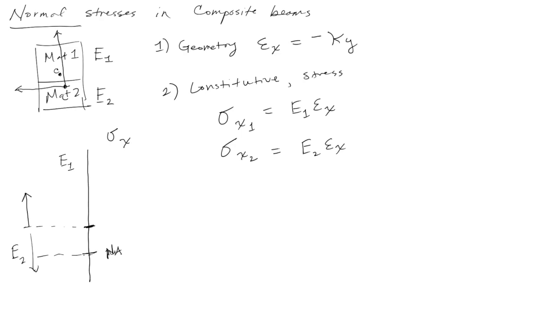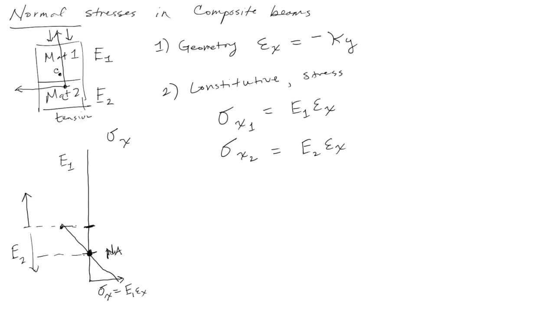We know that the normal stress is 0 at the neutral axis, and if the loading on this beam is on the top, this is going to be tension down here. That's considered a positive normal stress, so we have some value sigma x equal to E2 epsilon x here at the bottom. We know that it goes through 0, and then it's going to be some other value, connected by a straight line, although that's not very straight.